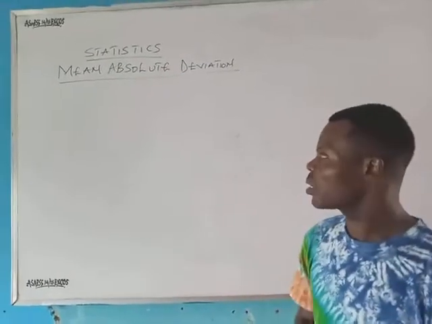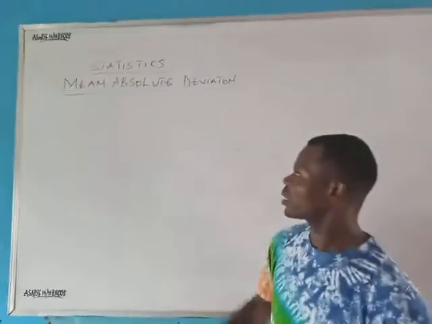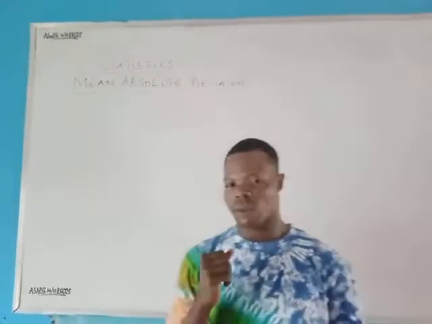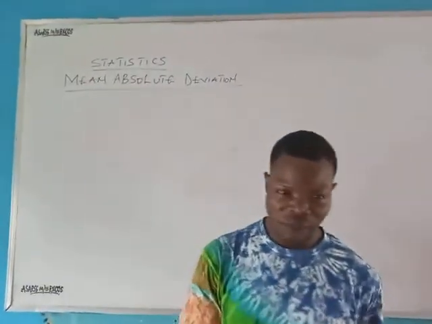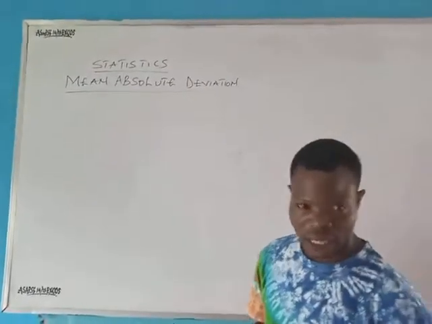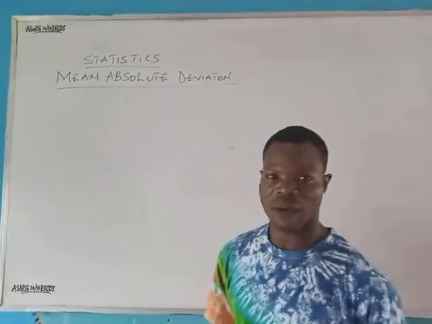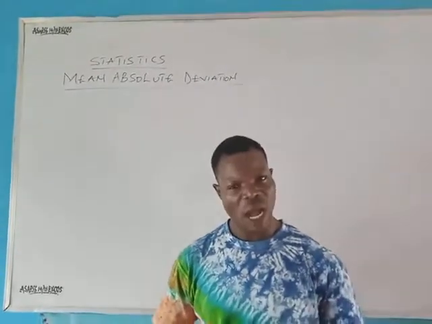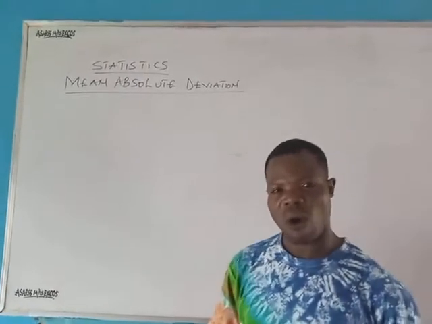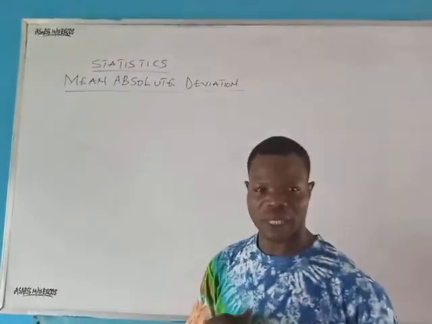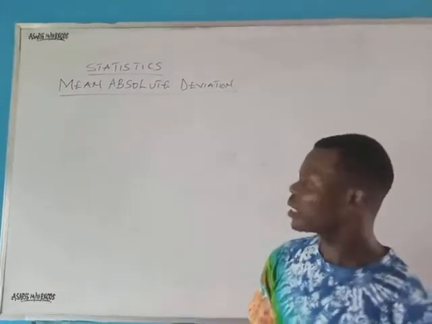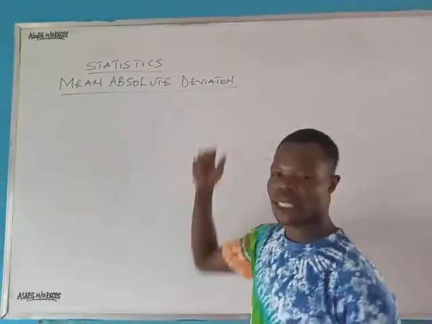So today we want to look at mean absolute deviation. We discussed in our previous videos how you can calculate or measure the central tendency of any given data. But if you want to know how spread a particular data is, one of the tools you can use to do that is what we call mean absolute deviation.